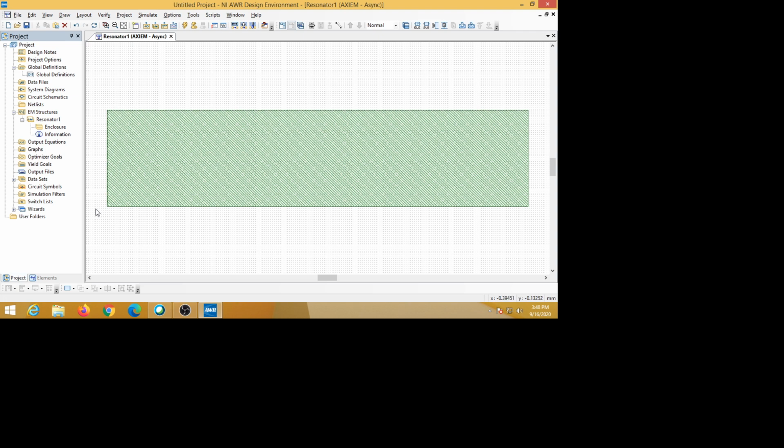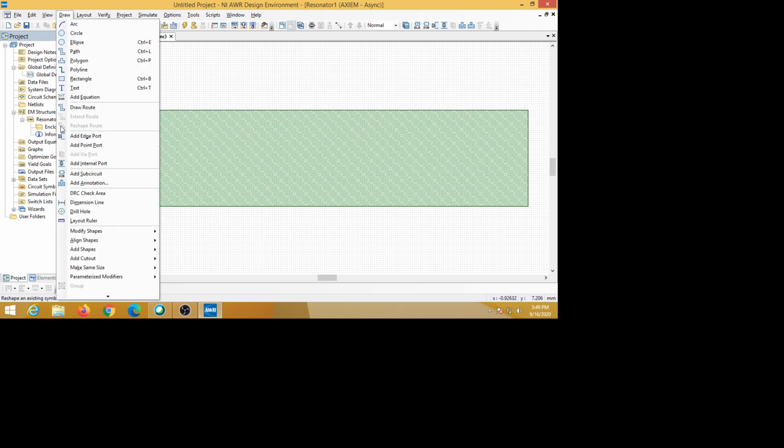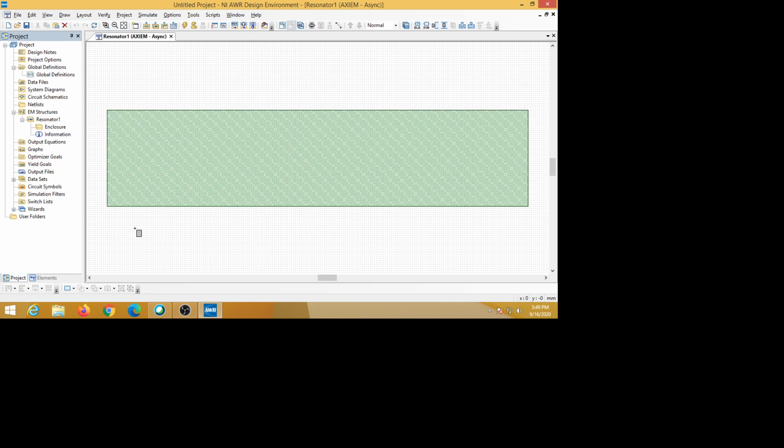0.2. So from this edge of our structure, our feed line should start with a gap of 0.2 mm. So you again have to choose a rectangle. Press space bar. Here we are drawing with 0 0 coordinate in the x direction, but our start must be somewhere here.